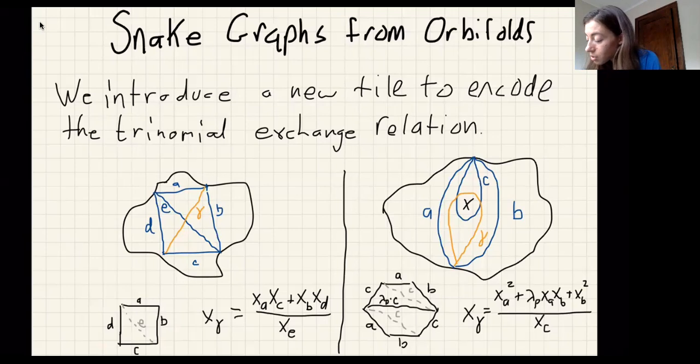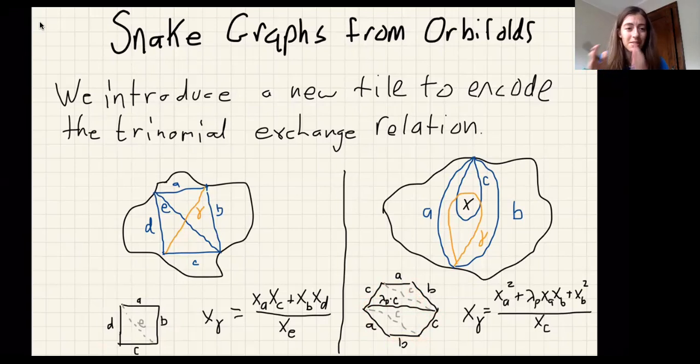And this hexagon has 3 matchings. 2 go along the boundary, and 1 uses that middle edge with the label lambda p. And the way I've written it down, every matching has a factor of c, and I've labeled this as if there's 2 tiles, c. And so then we cancel and we actually just get 1 c in the denominator.